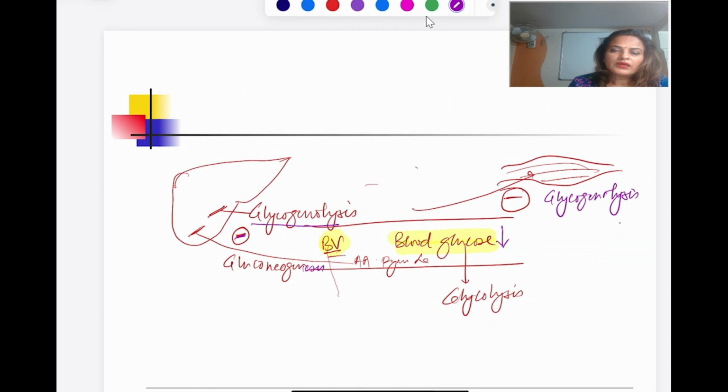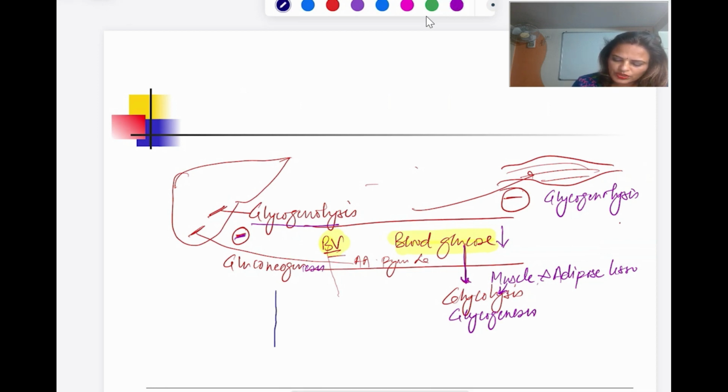This I have told. Then by promoting the uptake of glucose, in the muscle and adipose tissue, and this will undergo glycolysis, and it also promotes glycogenesis.